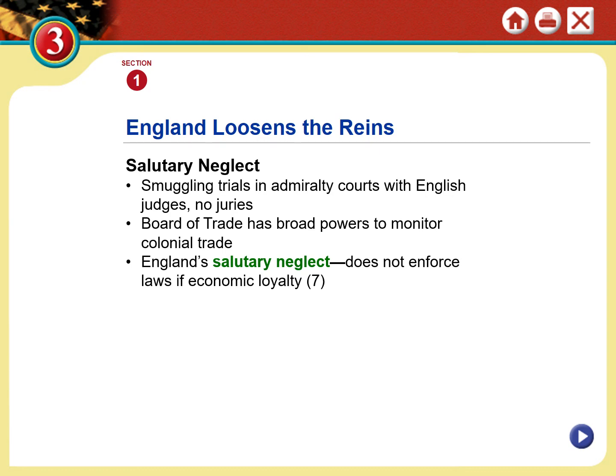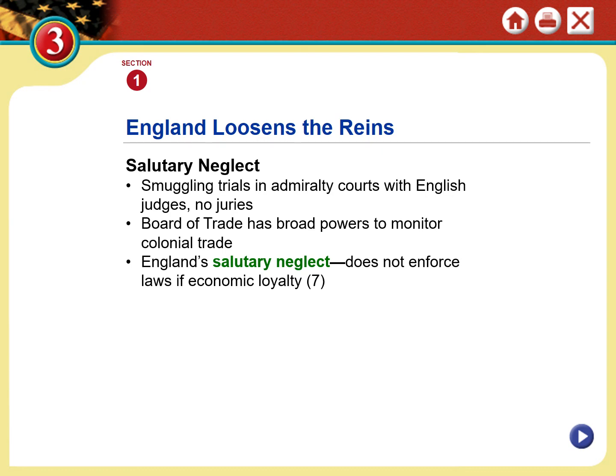And so this led to quite a few complaints. Meanwhile, the English Board of Trade maintained broad powers to monitor colonial trade. So even after the Glorious Revolution, they continued to patrol the Atlantic looking for these smugglers.